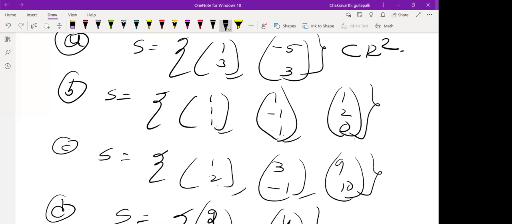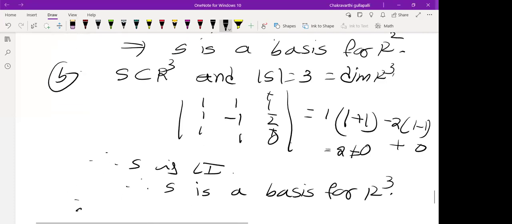S equals {(1,2,3), (-1,9,10)}. How many components are there? 2 components. So this is a subset of which space? R2 space. How do we know? There are 3 vectors but the components are 2. So based on components we get that it is a subset of R2, because 2 components are there. And how many vectors are there in S?